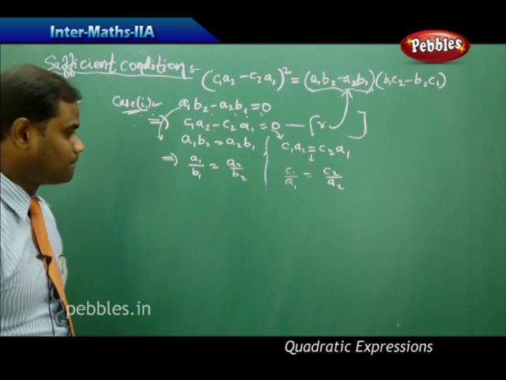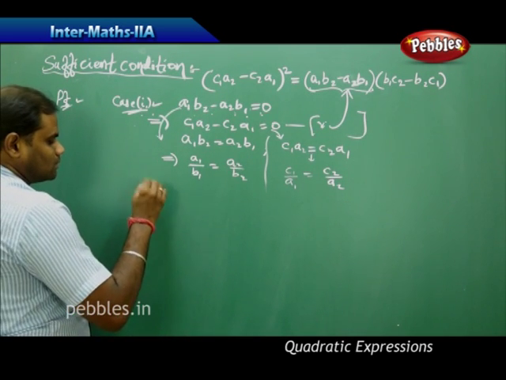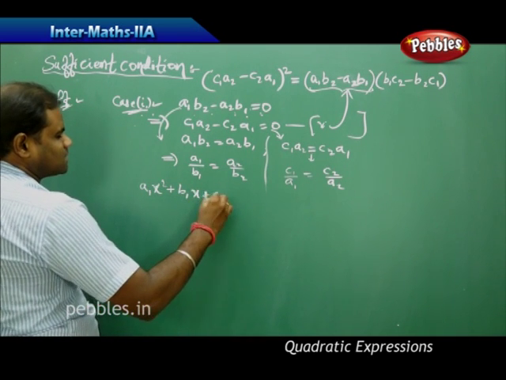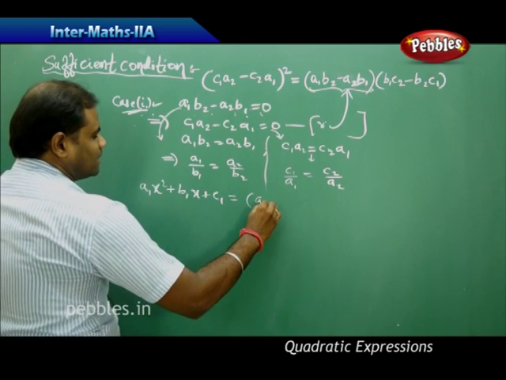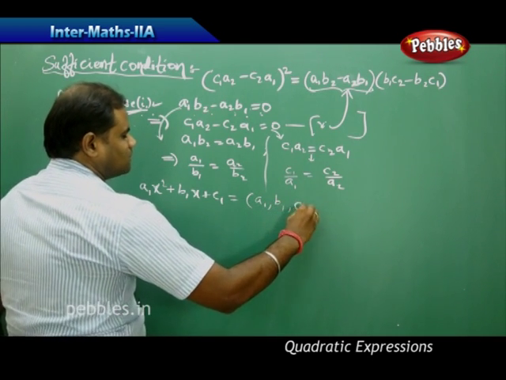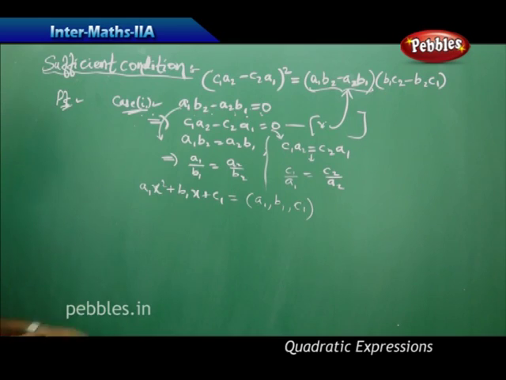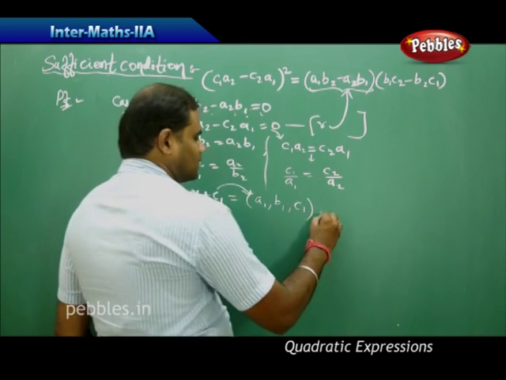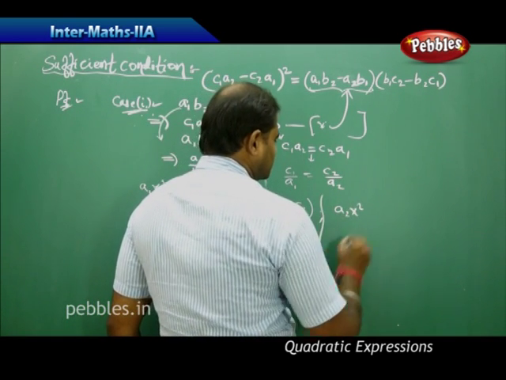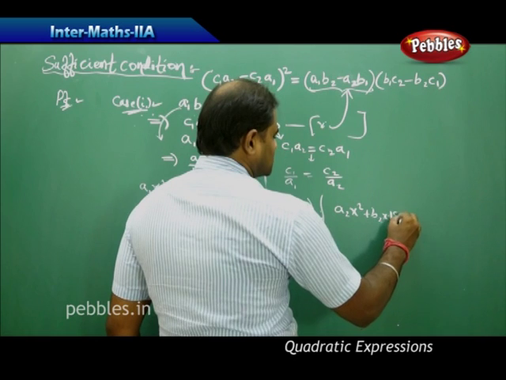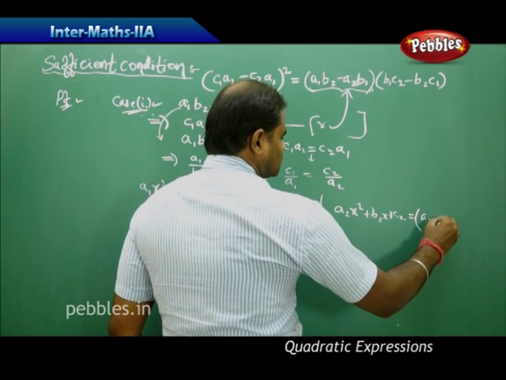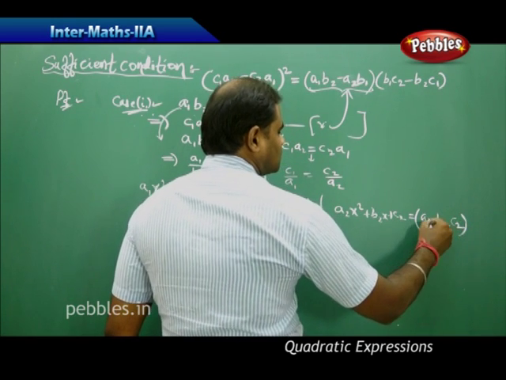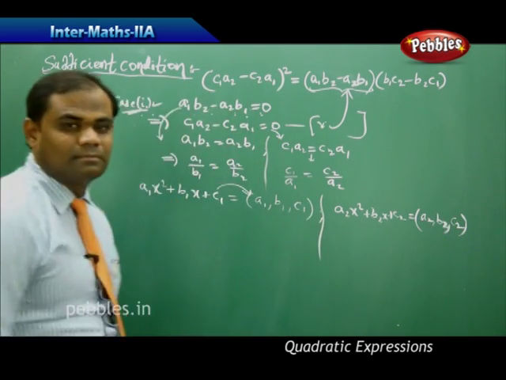Now I assume the given quadratic equation A1x squared plus B1x plus C1 as A1, B1, C1. To avoid lengthy simplification, I assume this quadratic equation in this form, and then I assume the other quadratic equation A2x squared plus B2x plus C2 as A2, B2, C2.